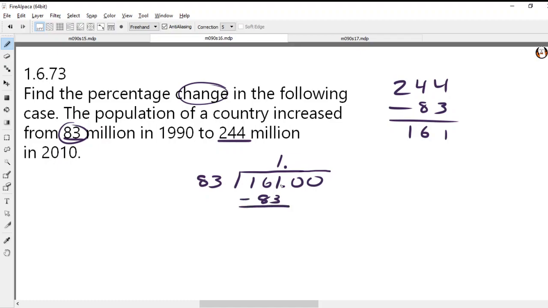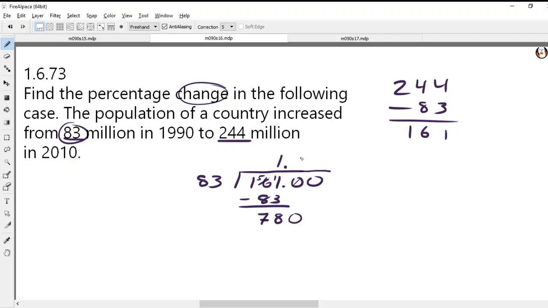And we subtract, and we're going to get 78. Great. Now let's bring down that 0. 780. I'm going to guess 9.